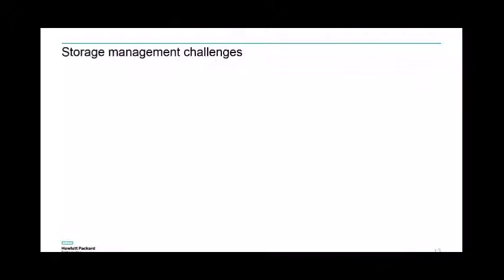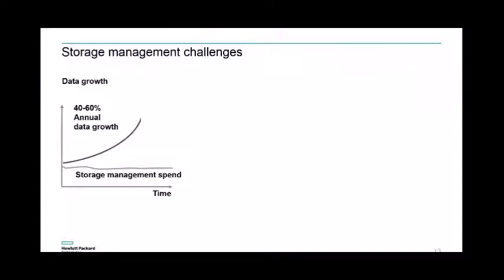So let's take a few minutes to understand what some of those challenges are in storage resource management. I'll start with this whiteboard example. The first area is data growth, and what we typically see at our customers is a data growth of about 40 to 60%. At that rate, we see the data is doubling about every 18 months.